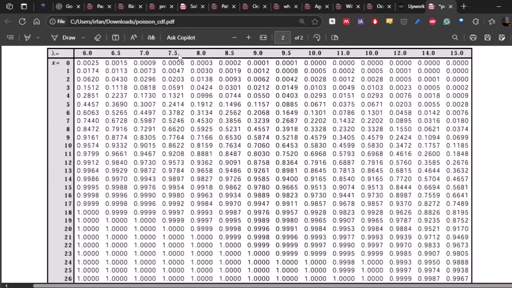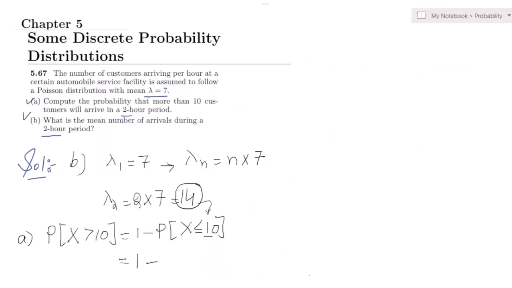So this is the value of lambda, which is 14, and the value of x is 10. So this value here is 0.1757. Okay, and in solving it the answer would be 0.1757.